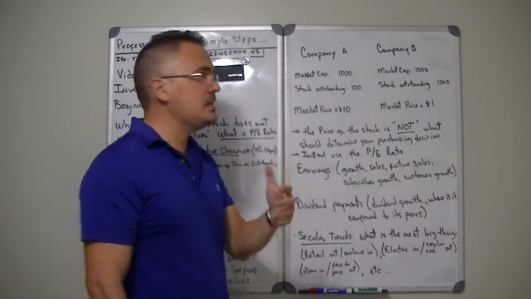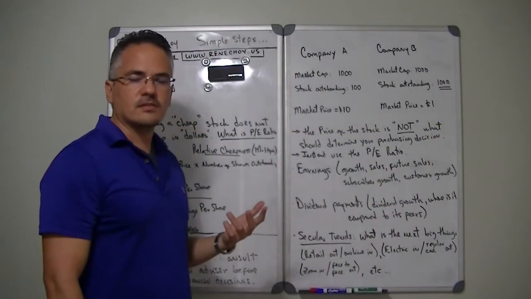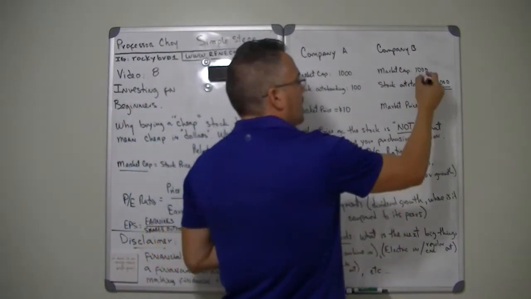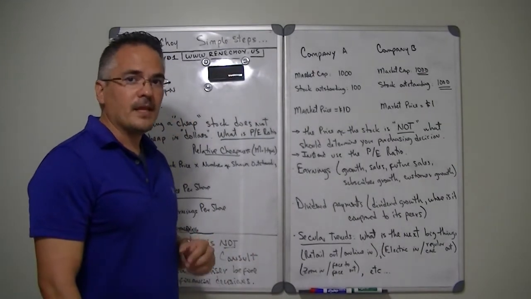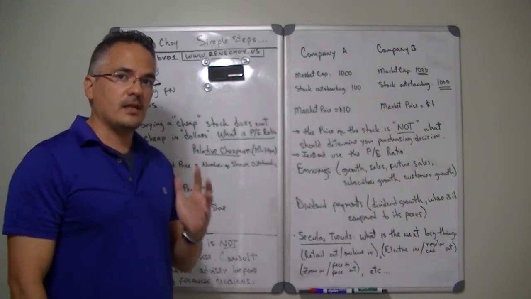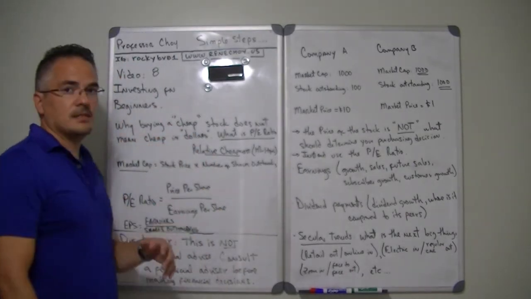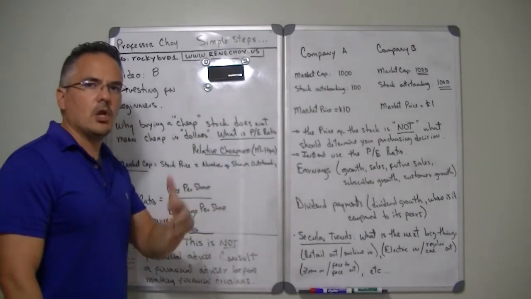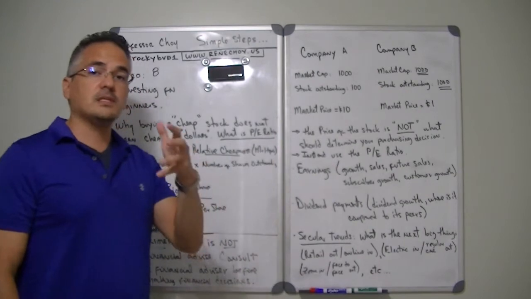It basically means that maybe you have more shares outstanding. Or it could also mean that you have a lower market cap. Okay? And again, the reason I'm explaining this is because I need you to understand that cheap in the market doesn't mean cheap. In other words, a low price stock can be low price for multiple reasons that have nothing to do with whether the company is cheap.